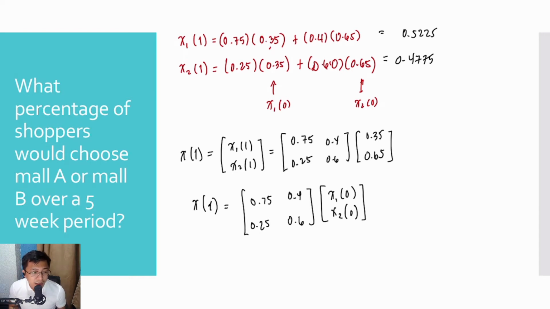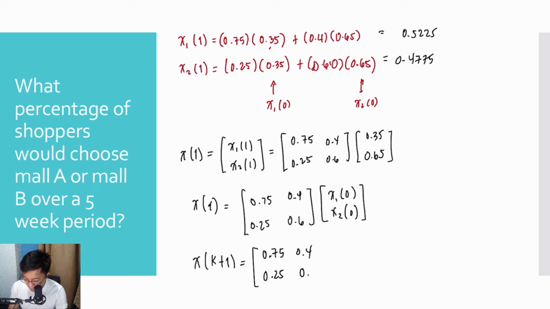So how can we derive a general formula for all the remaining number of weeks now? We say that to get the future state vector k plus 1, we just need to multiply this matrix. Later we will name that matrix.